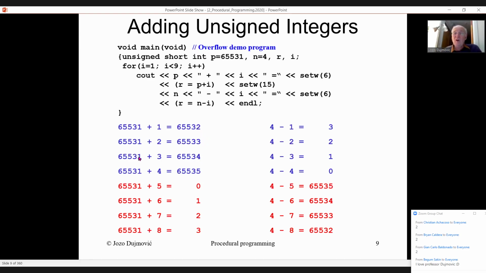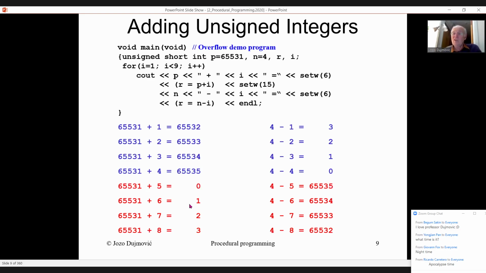So if I take 65,531 plus 1, 2, 3, all these are correct values. If I add 5, I get 0, because this is 65,535, the largest unsigned integer in short format. You add 1 to this, you get 0 immediately.